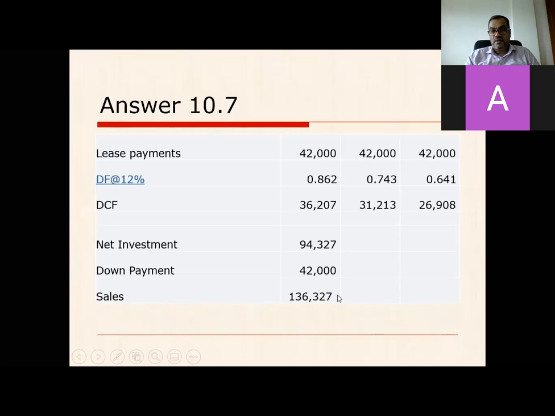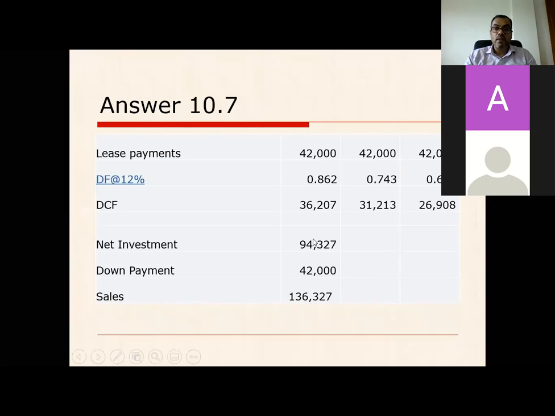Actually, the only calculation that involves difficulty is to determine this. How do you do this thing? Ascertain lease payments. Gross amount is called gross investment. Discounted amount is called net investment.